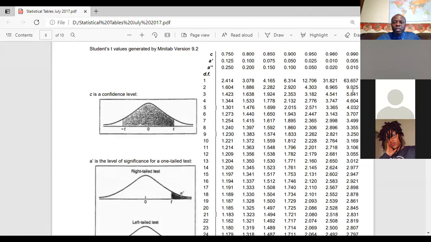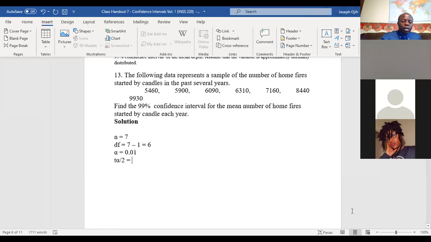So we go under 6 degrees of freedom, all the way to 6. You can see it from here: 3.707. So t alpha over 2 is 3.707.